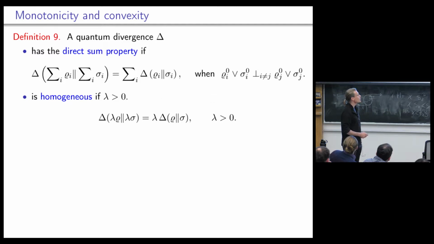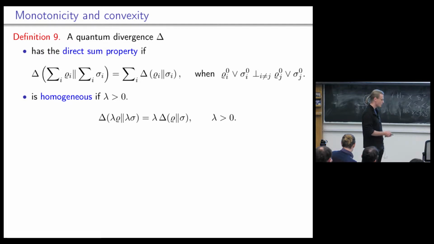So we say that a quantum divergence has the direct sum property if it can be expressed as a sum in the special situation when these rho i's and sigma i's are living on pairwise orthogonal subspaces, right? So this is the support projection, the projection onto the span of the supports of rho i and sigma i. And if you take a different index, then it's going to be orthogonal to i. Okay? And in this case, we should have this sum property.